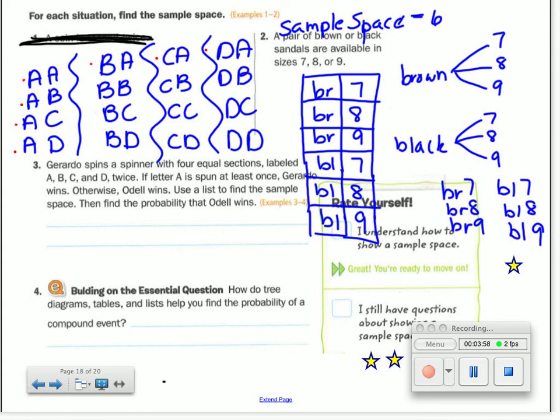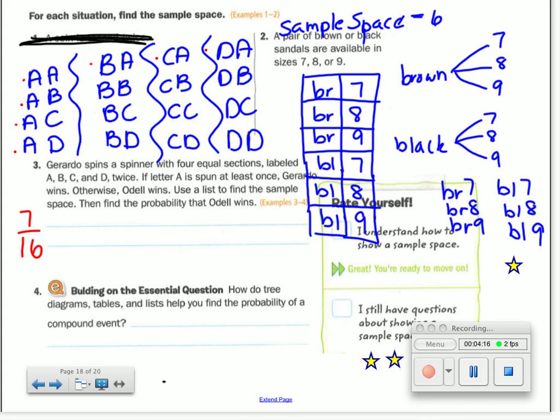All right, so for the G guy to win, he has 7 options out of how many total? What is your sample space again for this one? 16.